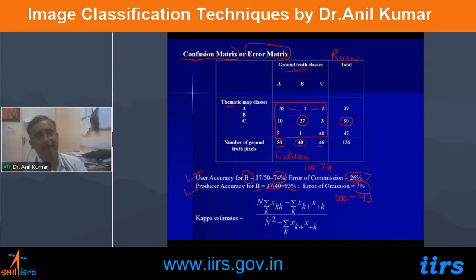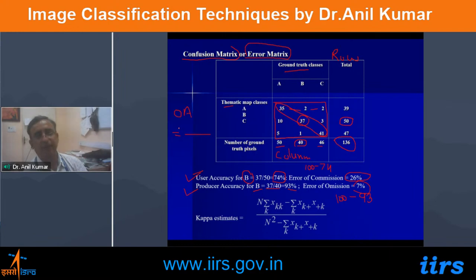Then you can find out the overall accuracy, OA. So OA will be the row total divided by the total number of samples. That means the correctly identified samples are this one for each class, and total samples are 136.